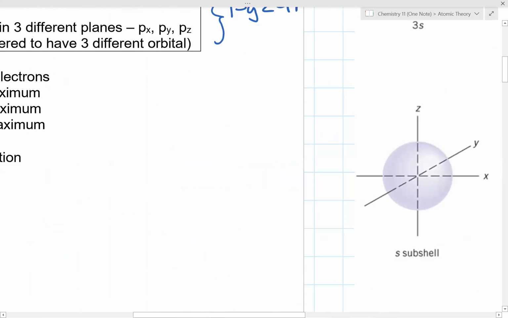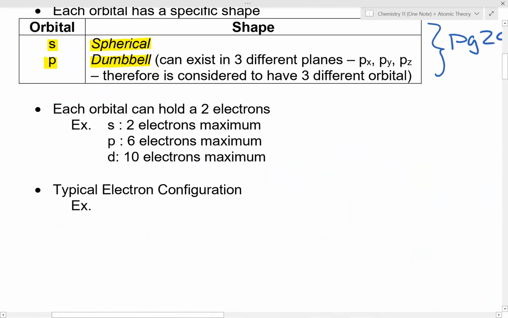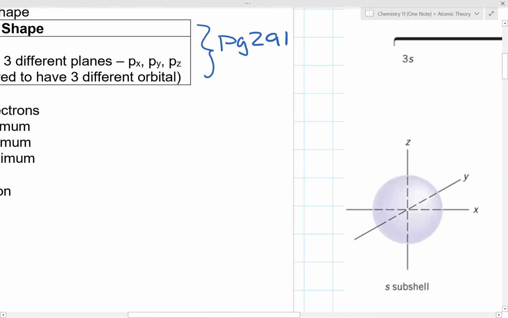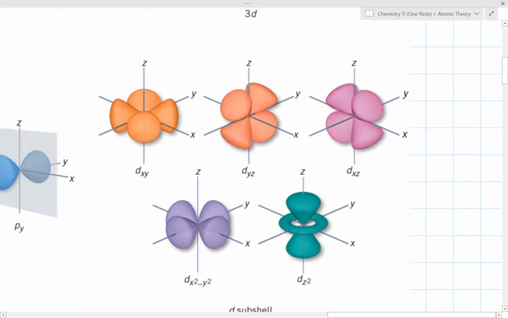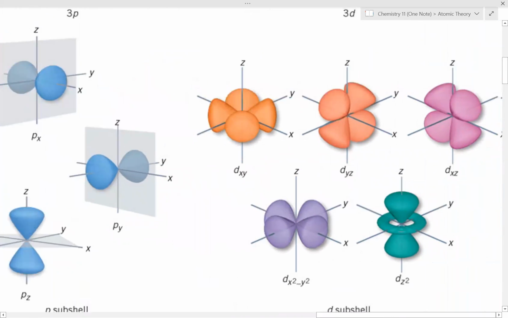There is another one called the d orbital, and the d orbital mathematically looks like this. Again, all of these are mathematical probabilities. You don't need to solve them, but all you need to be aware of is that mathematically, the electrons can be found in these specific areas.